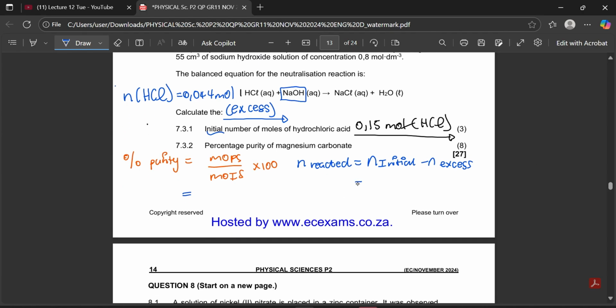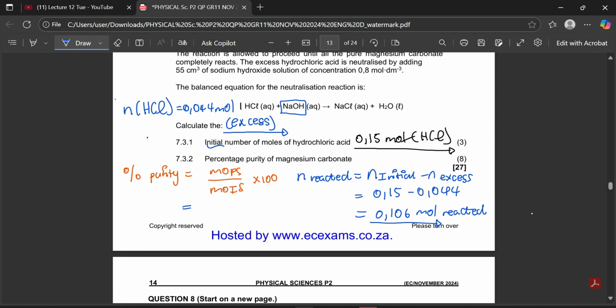So the number of moles initial is 0.15 minus 0.044, which are in excess, and I get an answer of 0.106 moles. So these are the number of moles that actually reacted with magnesium carbonate.